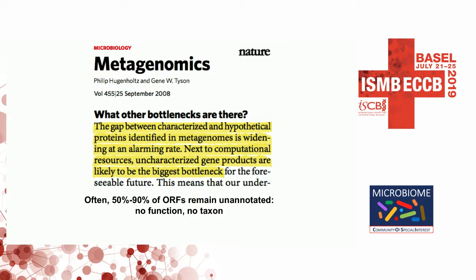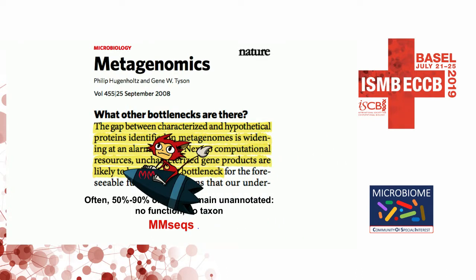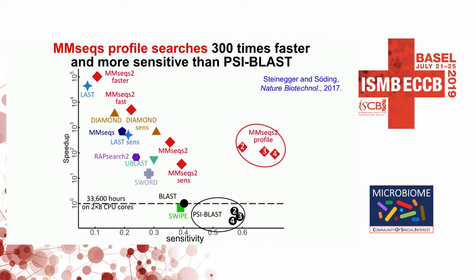This can reach sometimes 90% of unannotated genes. So the goal was here to speed up the searches by a big factor and still get a sensitivity like BLAST or even better. So this tool is called MMseqs.